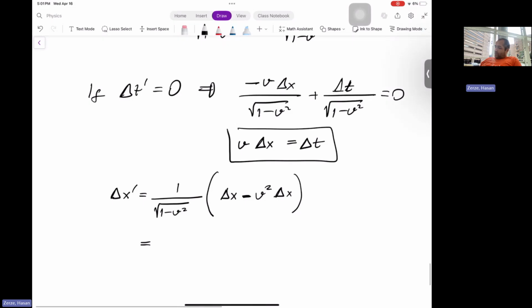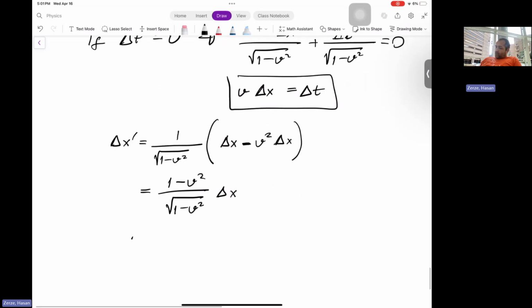And from here we find 1 minus v squared divided by square root of 1 minus v squared delta x. So we find that delta x prime is simply square root of 1 minus v squared delta x.